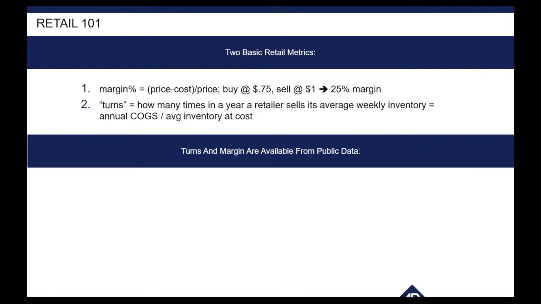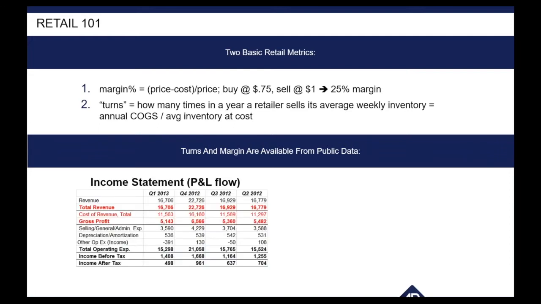For publicly traded companies, these two quantities are easily derivable from publicly available data. In particular, the margin can be derived from the income statement, or profit and loss, by looking at total revenue and cost of revenue, with the gross profit representing the percentage of the revenue that is the net of revenue minus cost of revenue, or cost of goods sold.